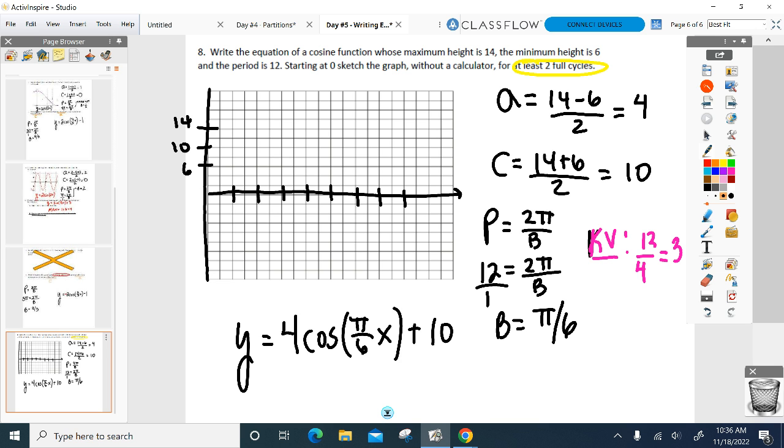I'm going to count off by 3s now. 3, 6, 9, 12. 1 cycle, right? Keep going. 15, add 3. 18, 21. Second cycle, 24.